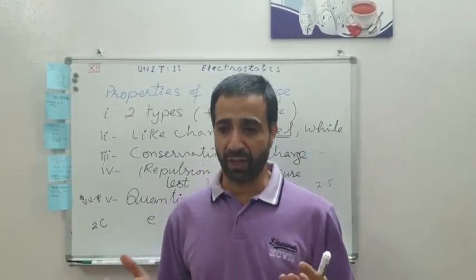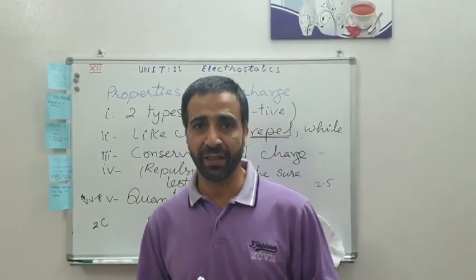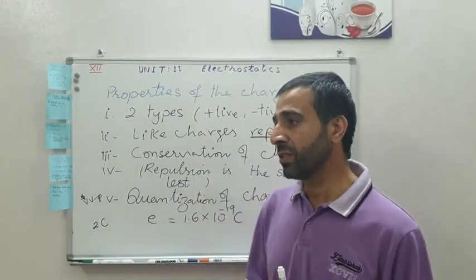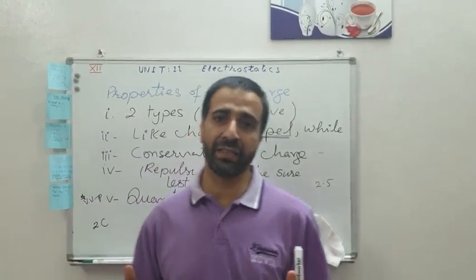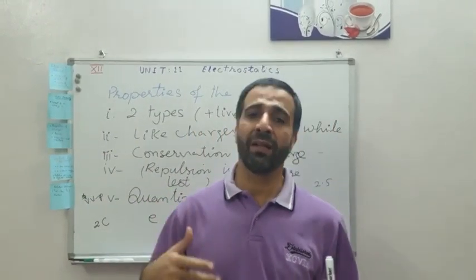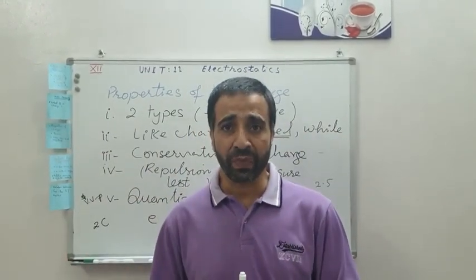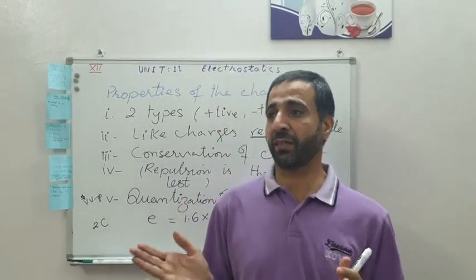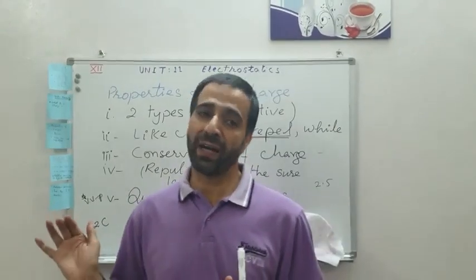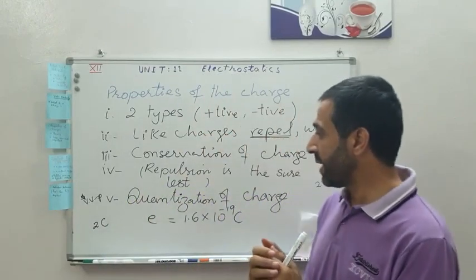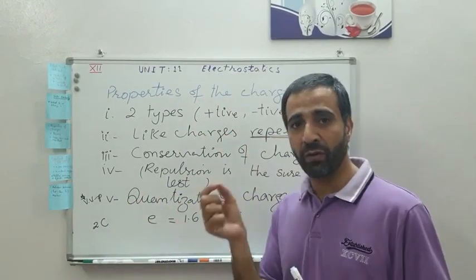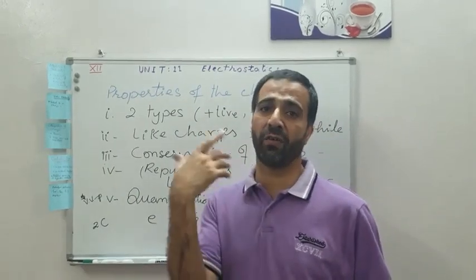No. Similarly, if you say that due to COVID-19, 20 people died in the USA today, you cannot say that 20.5 people died. That is impossible. In the same way, we can have either a charge or no charge.